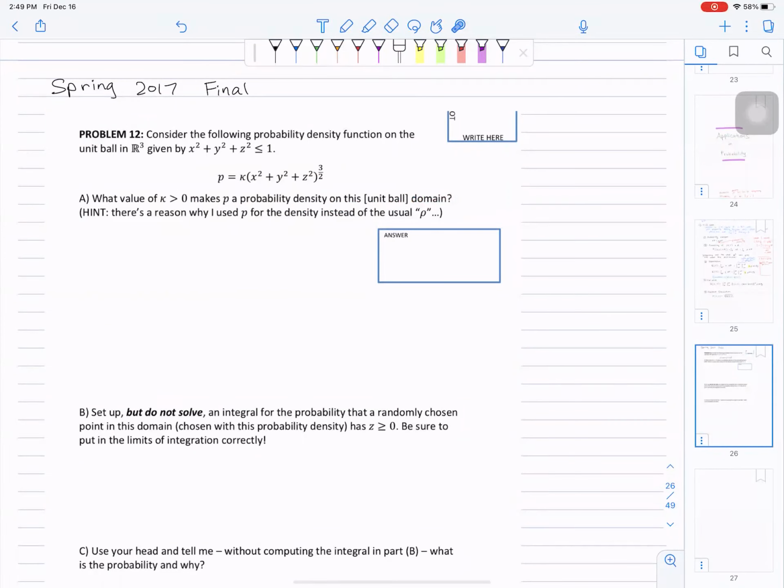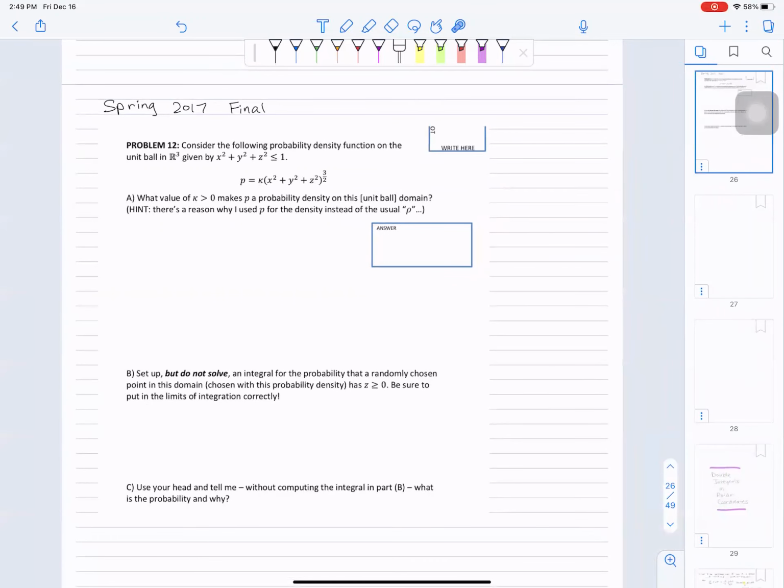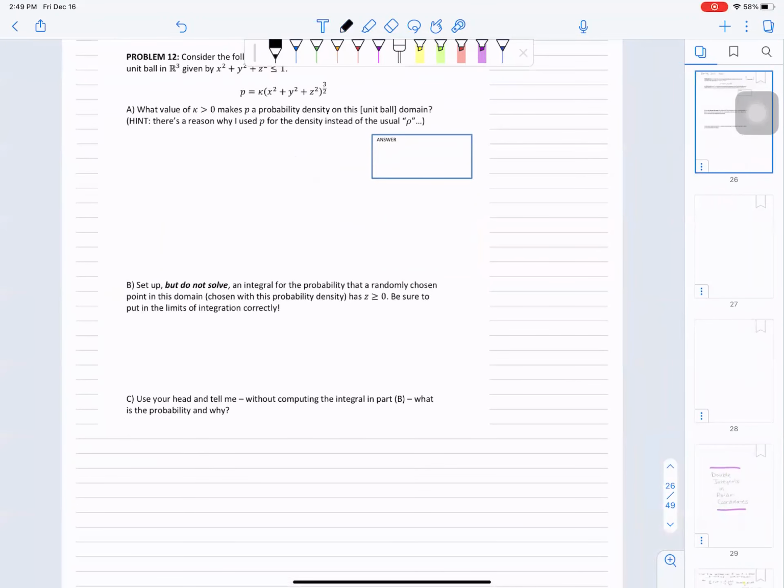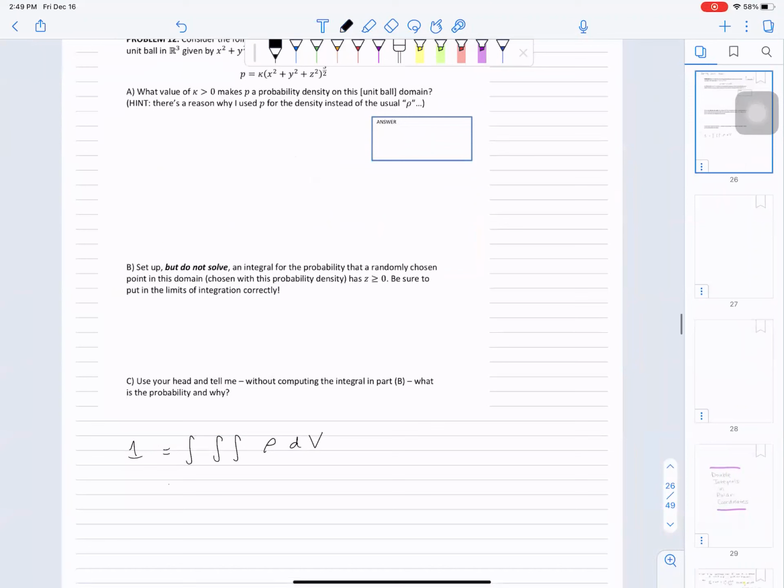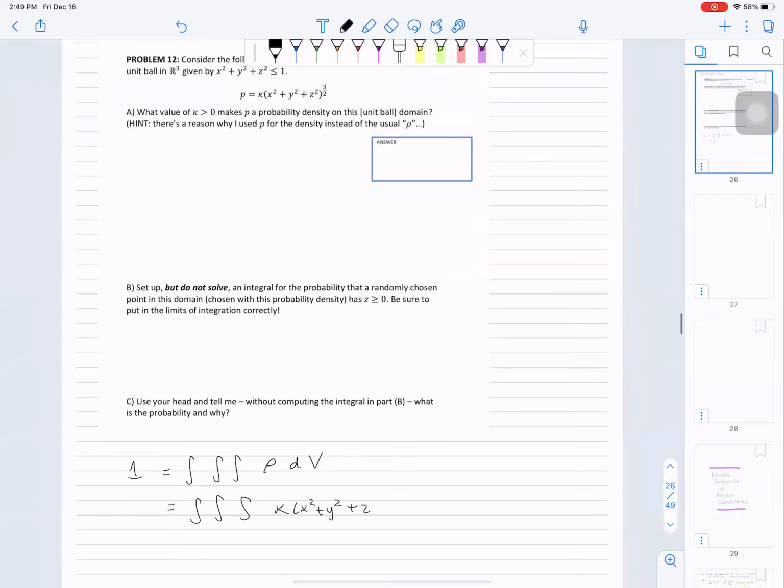So how do we do this question? The idea is that I want to set the triple integral of rho dv equal to 1. So that's the triple integral of k times (x squared plus y squared plus z squared) to the 3/2 dv.